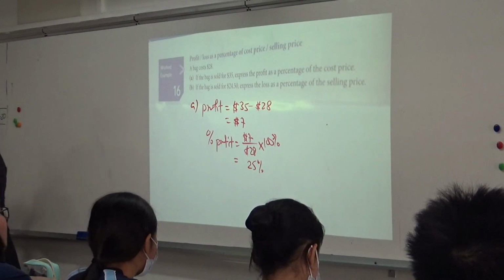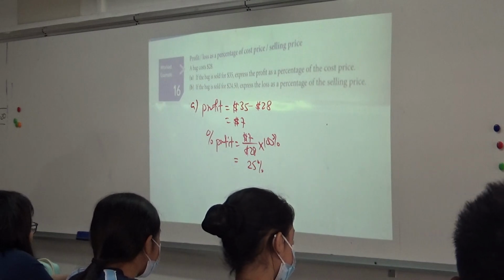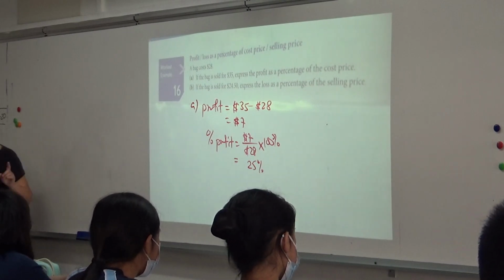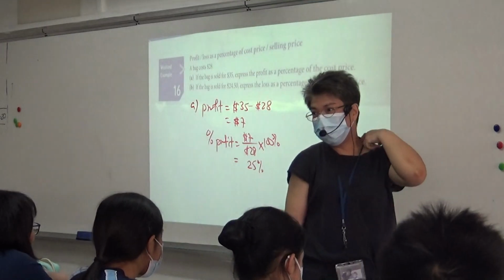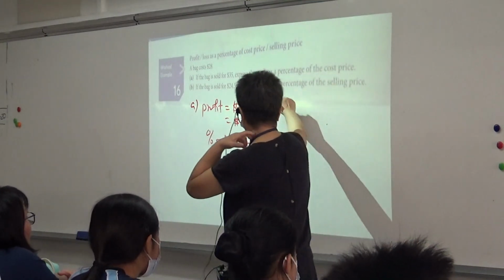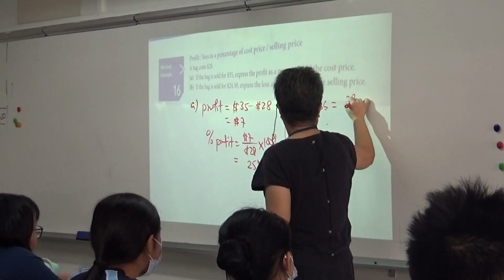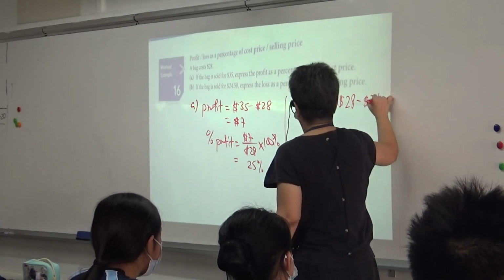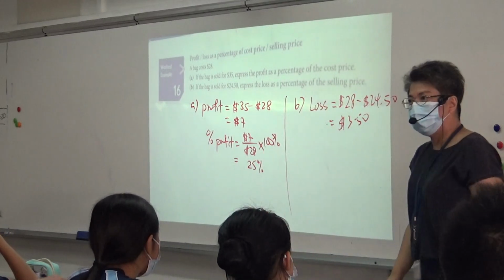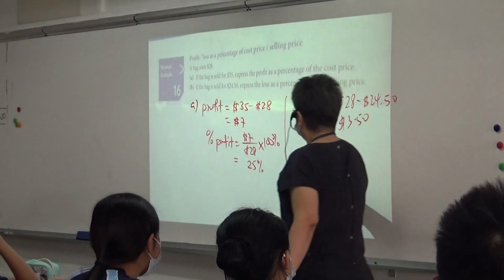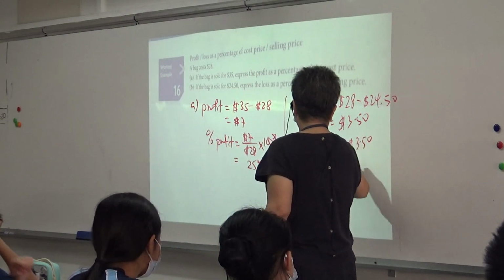Okay, now next question. If the bag is sold for $24.50, express the loss as a percentage of the what? What's this word? Selling price. Okay, now look at what we do. I'm going to find loss. This will give me $3.50, right? Correct. So percentage loss will be 3.50 over.